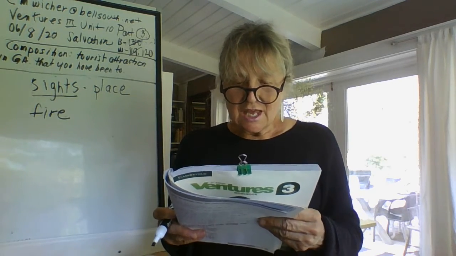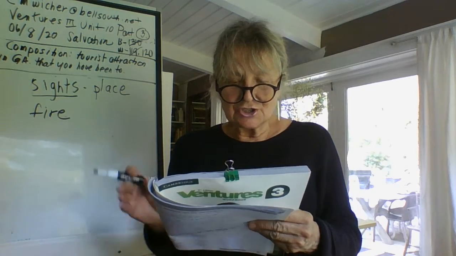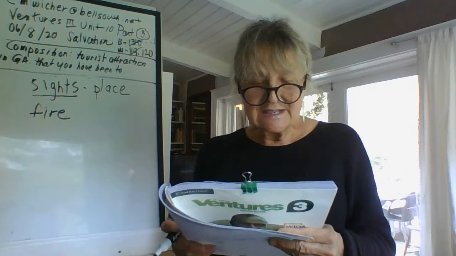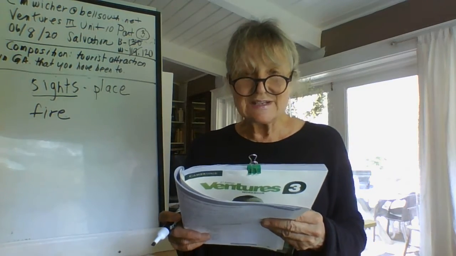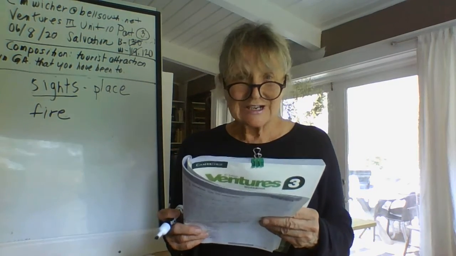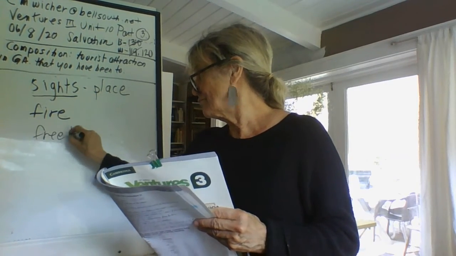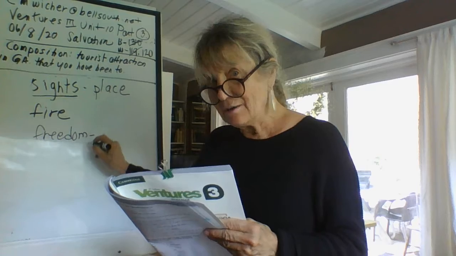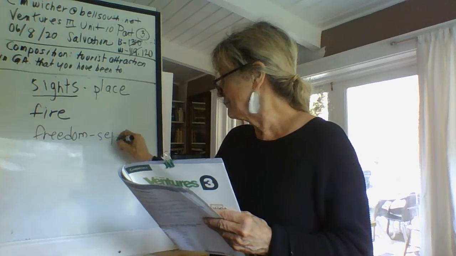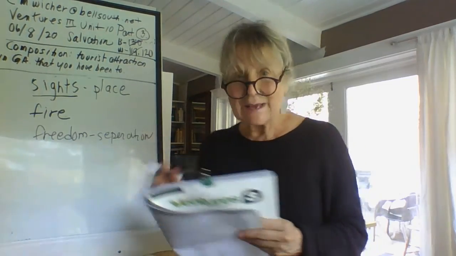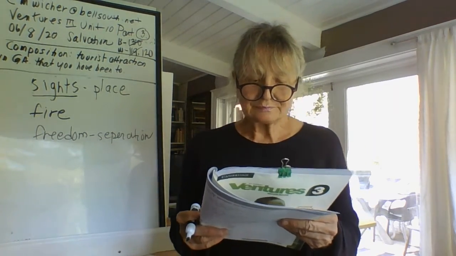Okay, the stone has the date July 4th, 1776, the day of America's independence from Britain. What does independence mean? What word comes to your mind? Freedom? Anything else? Separate, separation.